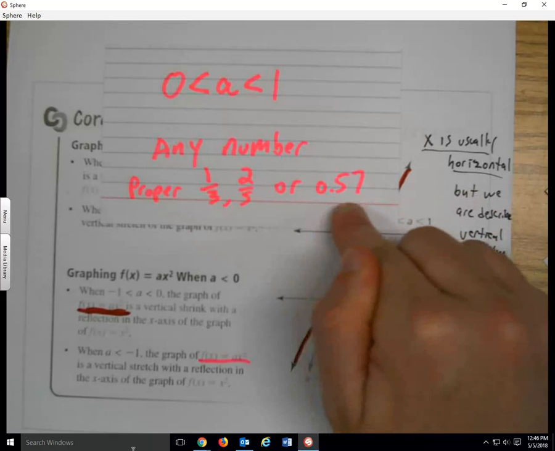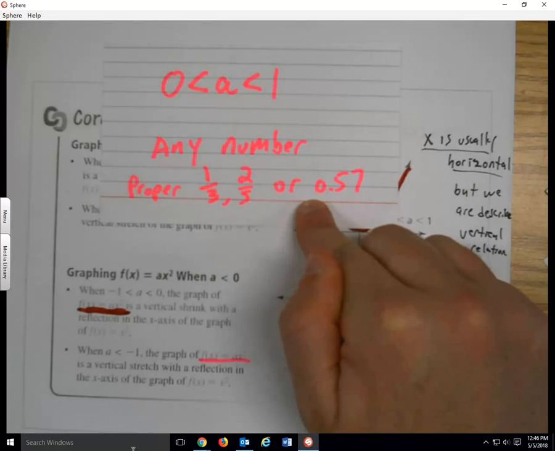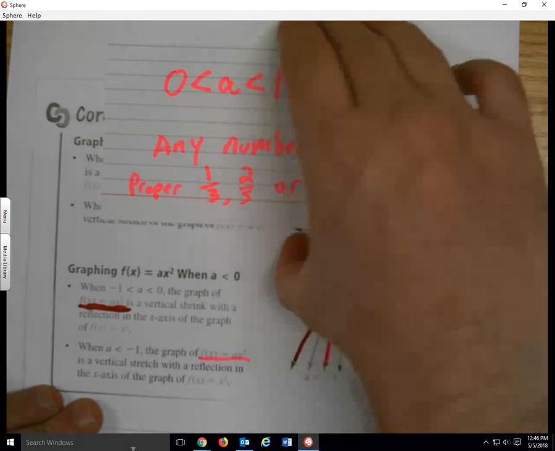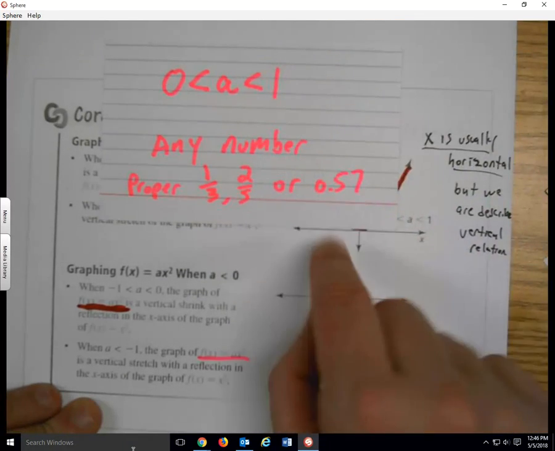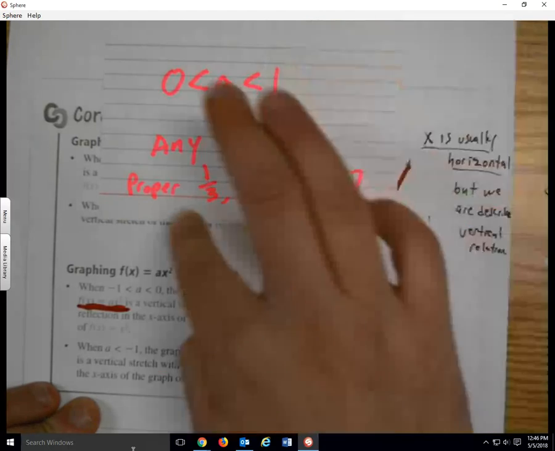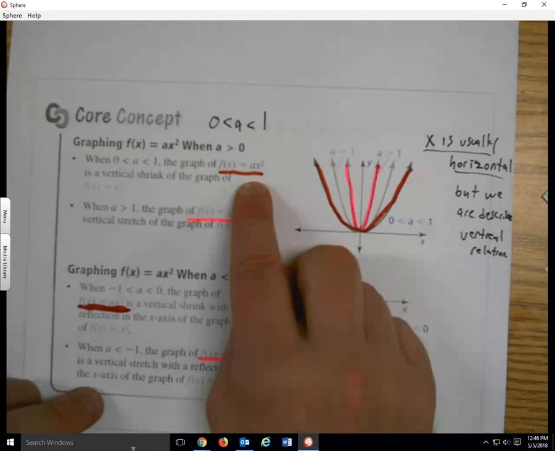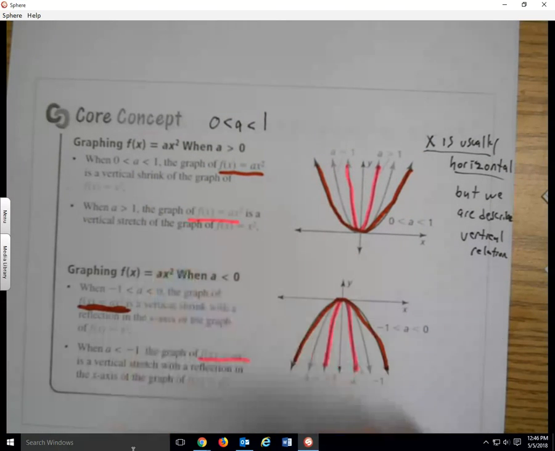See how this decimal is not quite at 1. It's less than 1, but it's greater than 0. So any number that's a fraction, we're not going to do too many decimals right now, that's less than 1, like 1/3, well, what happens? That would be a vertical shrink of the graph, a vertical shrink.